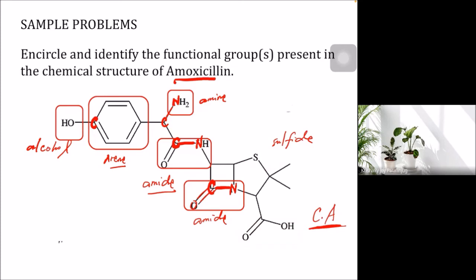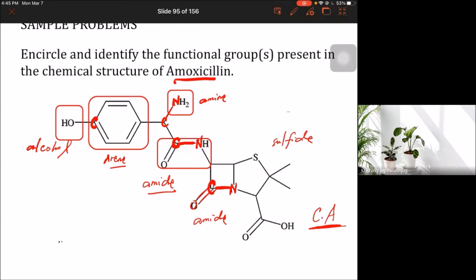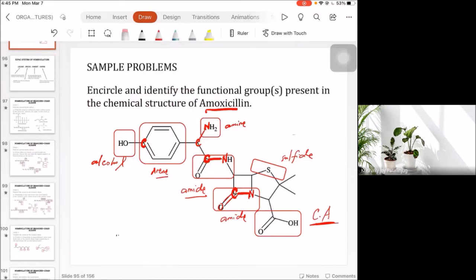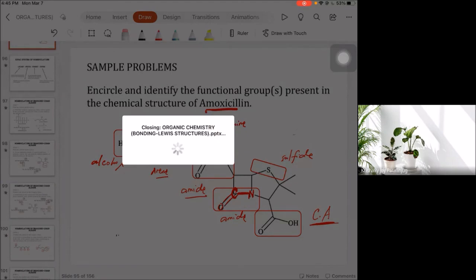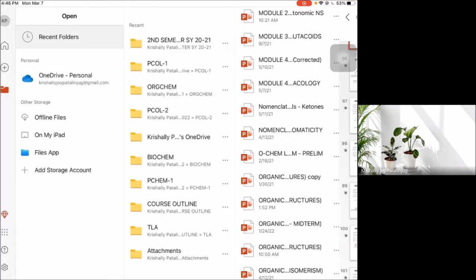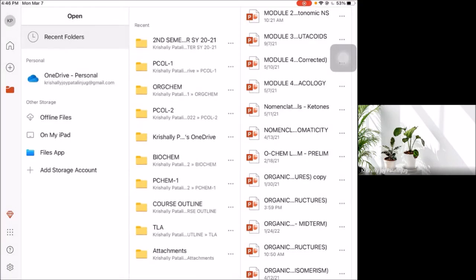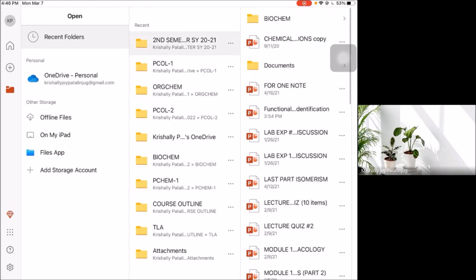Okay. Let's have another example. Let me transfer to another PowerPoint. So, you expect in quizzes or exams, it will go like this: I will be highlighting a portion of a structure, then you will identify the functional group.